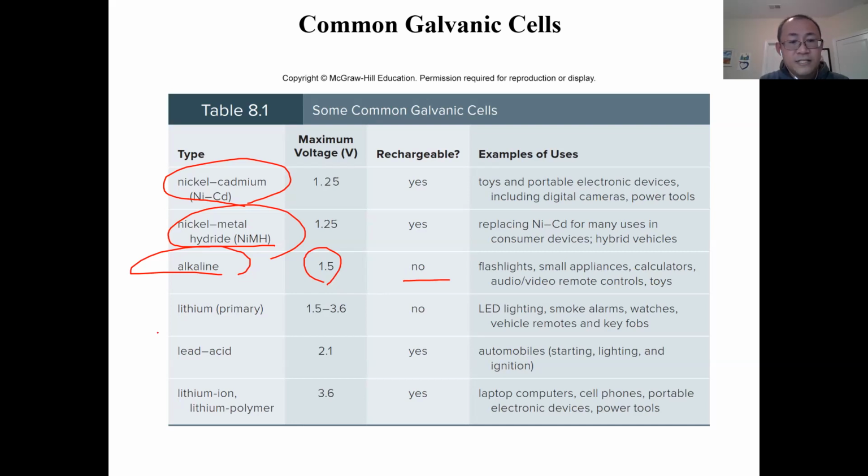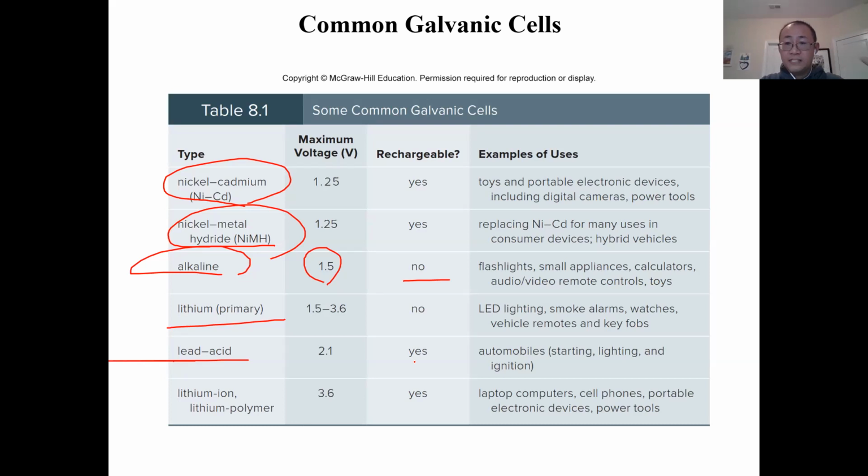Next one is the lithium battery. Lithium batteries are used in smoke alarms, watches, LED lights, etc. And also the lead acid battery. The voltage is around 2 volts and it is also rechargeable. That is the one in our vehicles. Sometimes your battery dies in your car. That battery is called a lead acid battery.